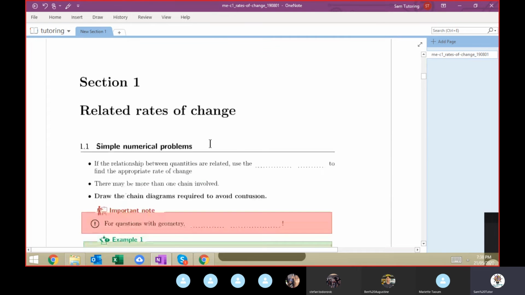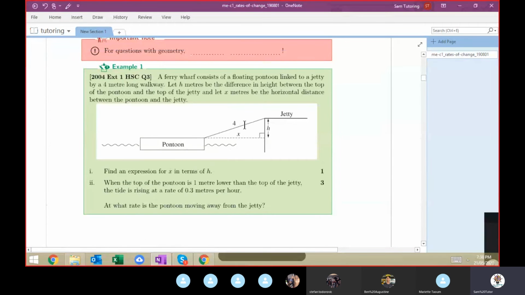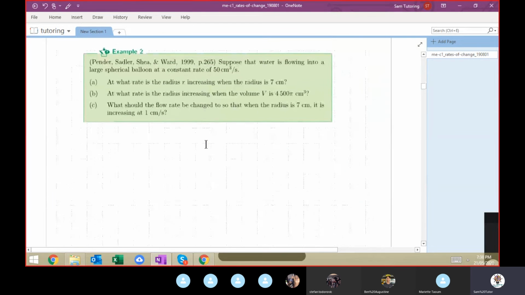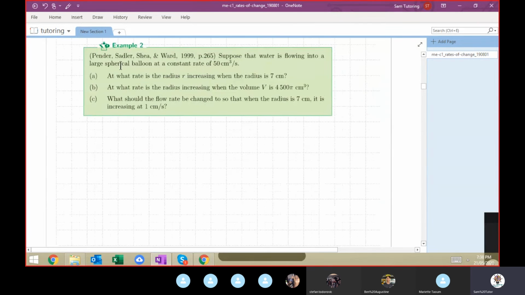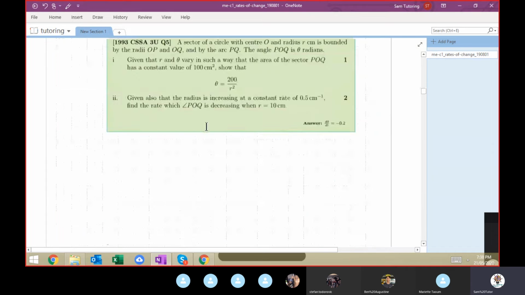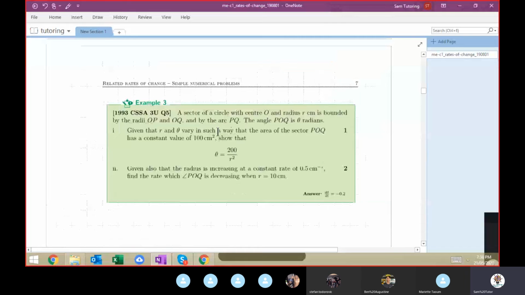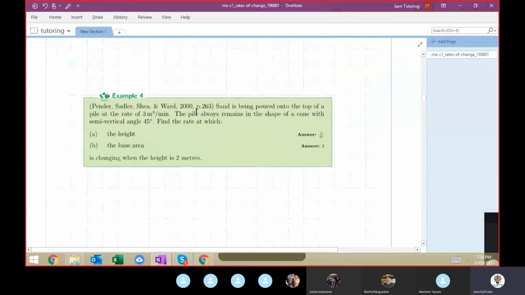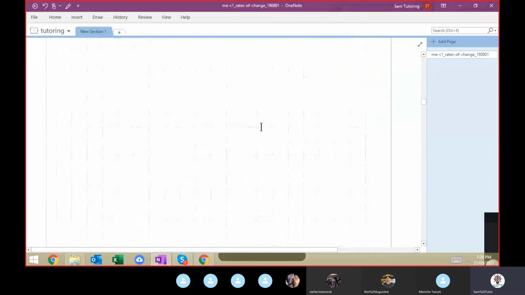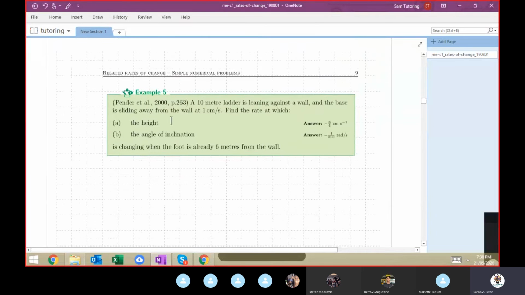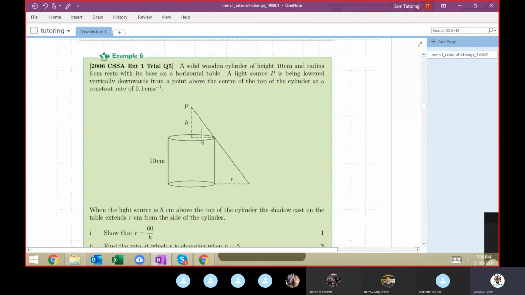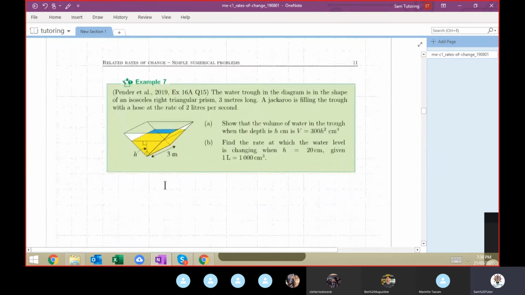It could be a pontoon, a sphere, a sector of a circle, a cone, a ladder leaning against the wall, a cylinder, or a triangular prism, the Toblerone thing, with volume and capacity as well.